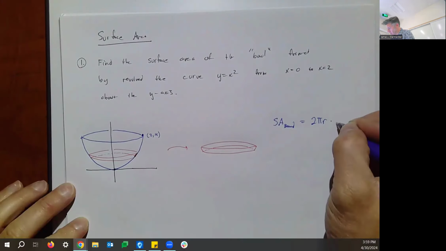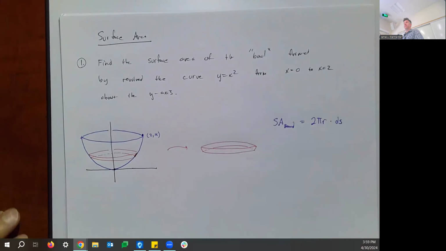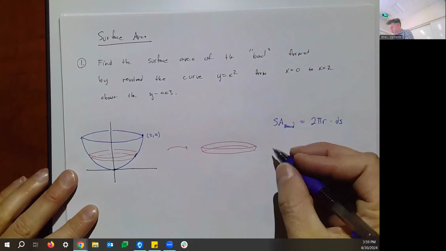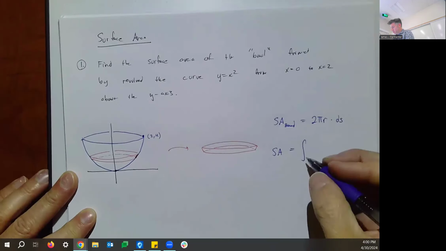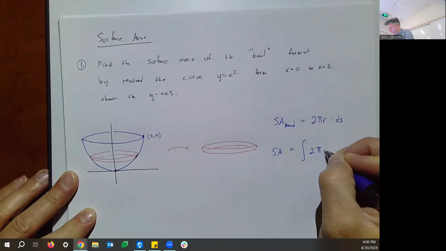So it's some small change in the length of the curve. So that is generally how I think about the surface area of this one rubber band. And then we're going to add up all the areas of the rubber bands. So the total surface area is going to be the integral of our 2 pi r times our ds.